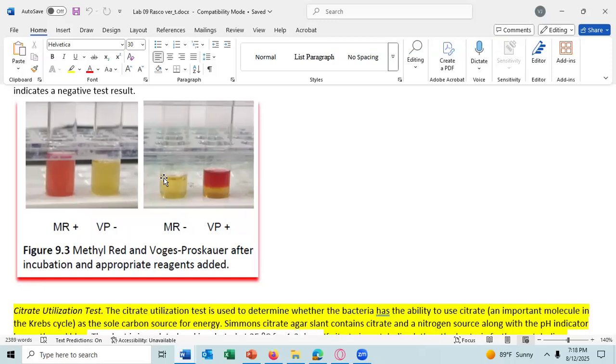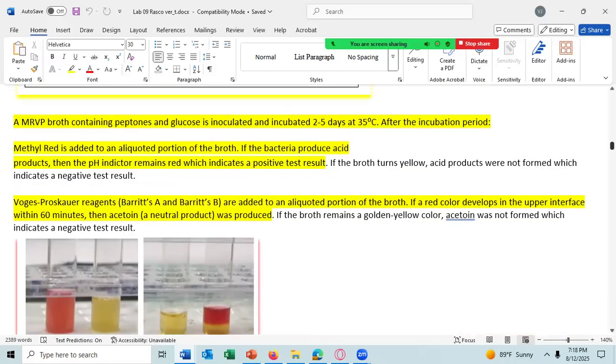In the VP test, we're looking for a neutral product made from the glycolysis of sugar. What you do is you take half the tube from the MRVP broth, and after it's grown for 2 to 5 days, you split it into two.